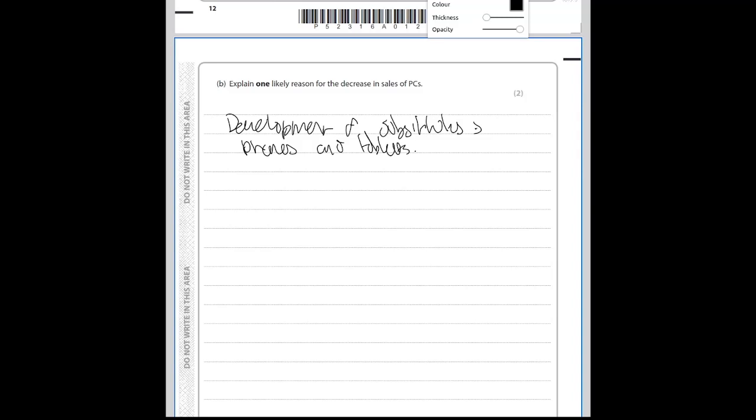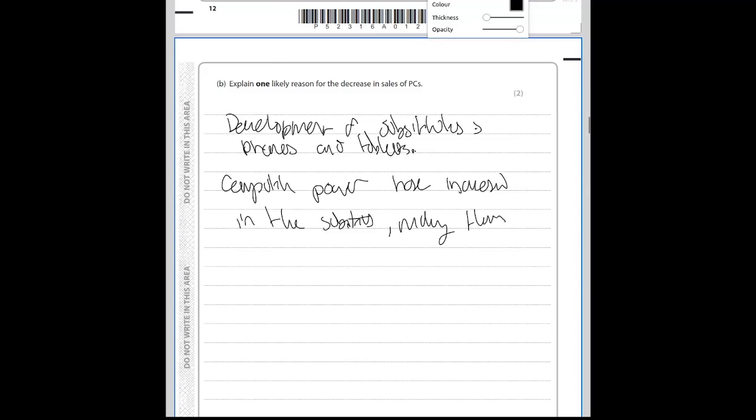Why might consumers prefer those other devices? I might say something like computation power has increased in phones, in these substitutes, making them capable of replacing laptops for some users.